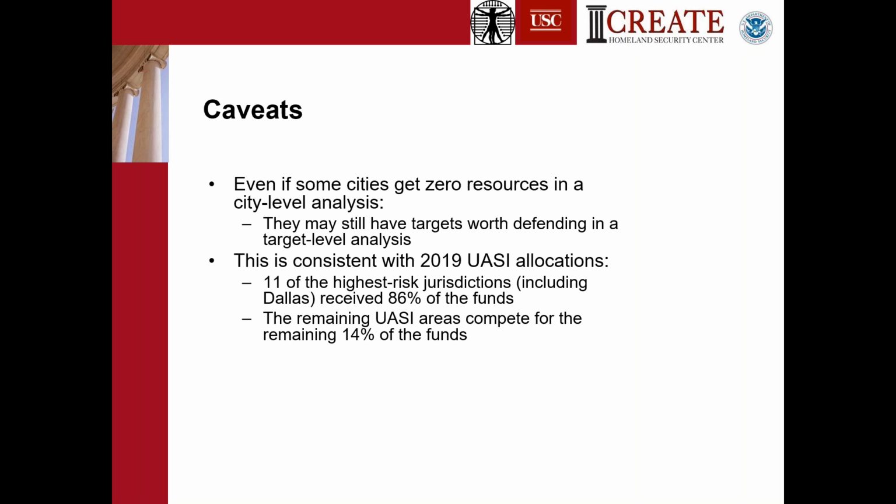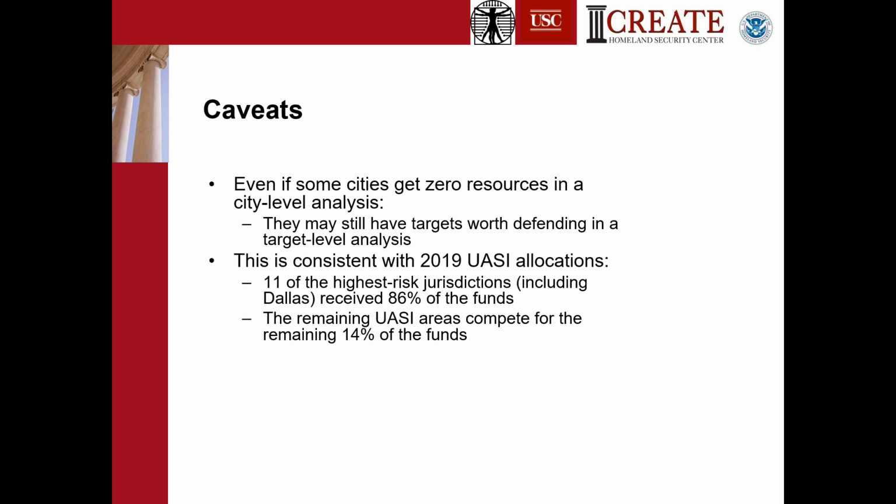And the remaining 15 or 20 urban areas that are eligible for UASI compete only for the remaining 14% of the funds. So they can get DHS money, but the funding levels are much smaller, say 3 million compared to 20 million or more going to the larger cities that are more risk-based.